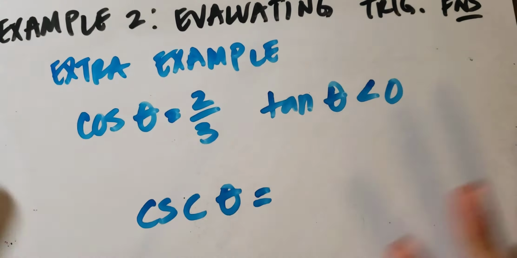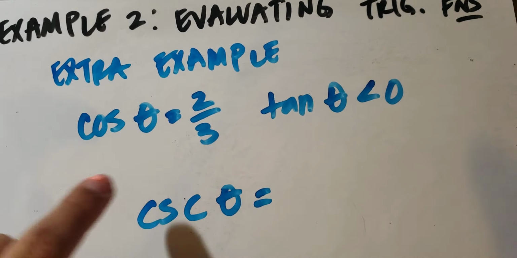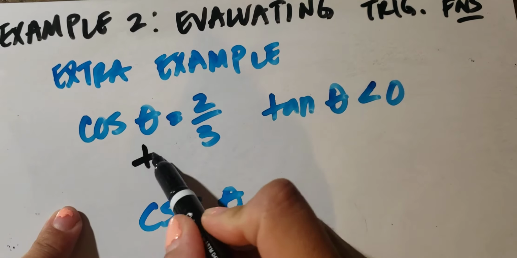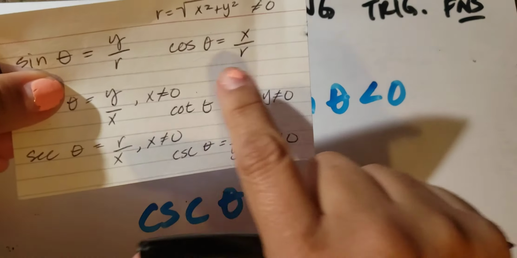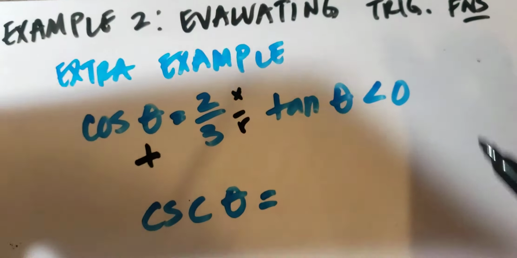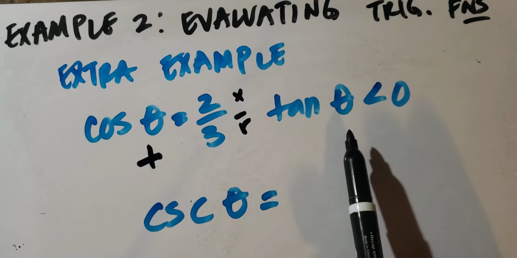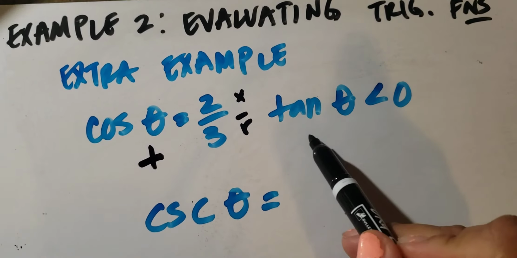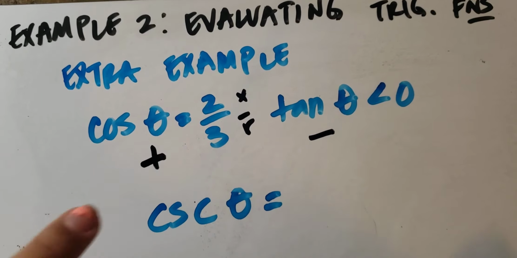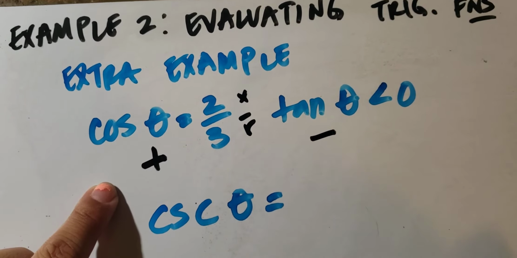So let's figure out what we know, okay? So cosine of theta is positive, and of course cosine of theta is x over r. So this is my x, this is my r. And then tangent of theta is less than 0, so this is negative. So now look at your graph and look for the quadrant where cosine is positive.